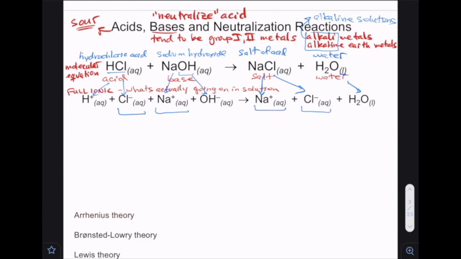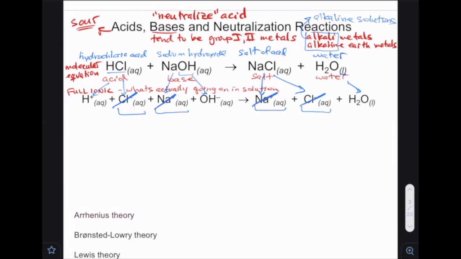Even though it looks like everything's happening here in the molecular equation, in solution, the sodium ions and the chloride ions haven't changed at all. They start swimming around in aqueous solution and they end swimming around in aqueous solution. So they haven't changed one bit. Like in math, we can then just cancel them out.